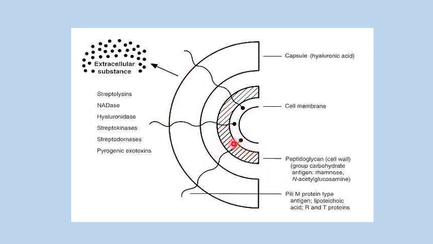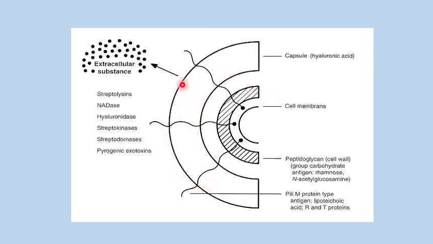Next comes the peptidoglycan cell wall, which contains the C carbohydrate antigen, according to which we divided the streptococci into different Lancefield groups, and here of course Streptococcus pyogenes is group A. Finally, the capsule is made of hyaluronic acid.